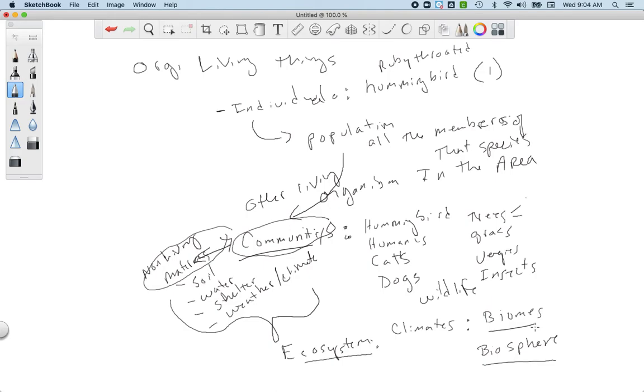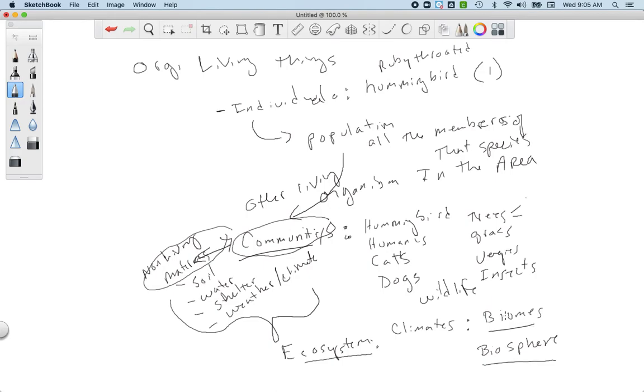That biosphere is the biggest thing we could look at as a group. The smallest thing we can look at as a full organism is an individual. And they are organized at these different levels of individuals, populations, communities, ecosystems, biomes, and the biosphere.